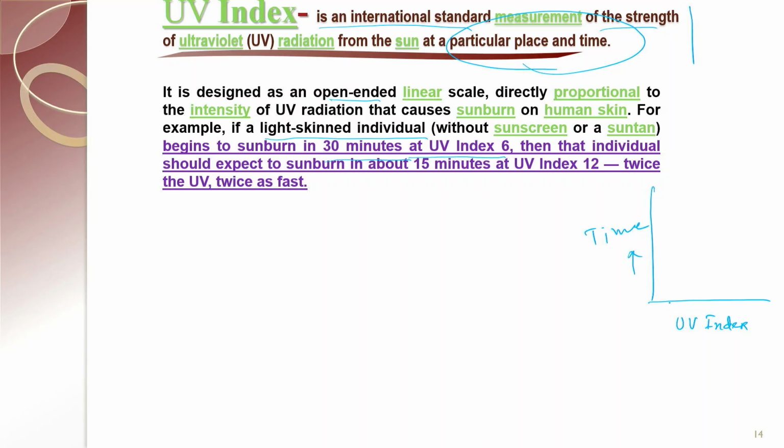So, 1, 2, 3, 4, 5, 6, 7, 8, 9, 10, 11, 12. These are the different UV index levels.